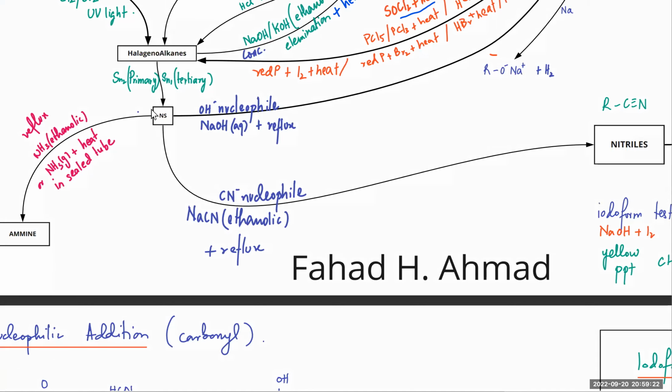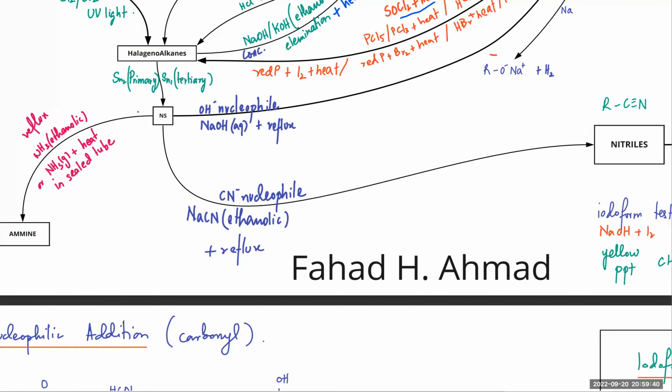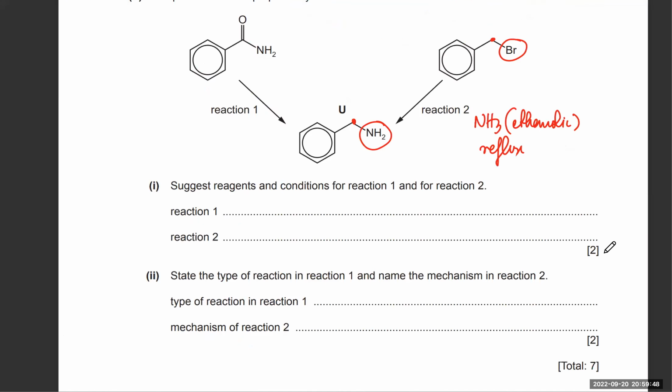So he's talking about one of them, substituting Br with NH2. For that, you would require ammonia, ethanolic, and you're going to reflux it. There are actually two conditions. Remember, this is AS. You can also use ammonia gas plus heat in a sealed tube under pressure. That would also work.